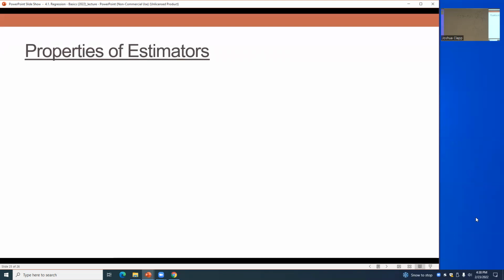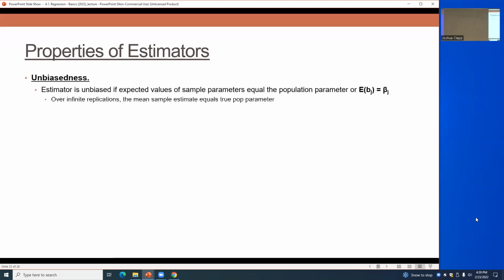When we start to get into more complex analyses, multivariate analyses, we start thinking about different estimators that we can use, and thinking about properties. As you're reading through methods literature, you're going to run into some of these terms. If we're talking about properties of an estimate, we're talking about unbiasedness.